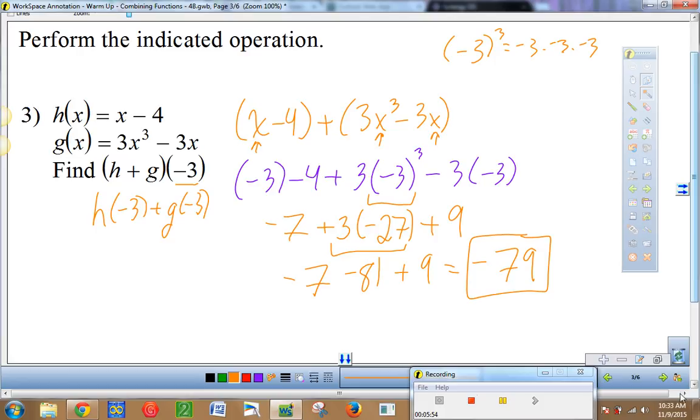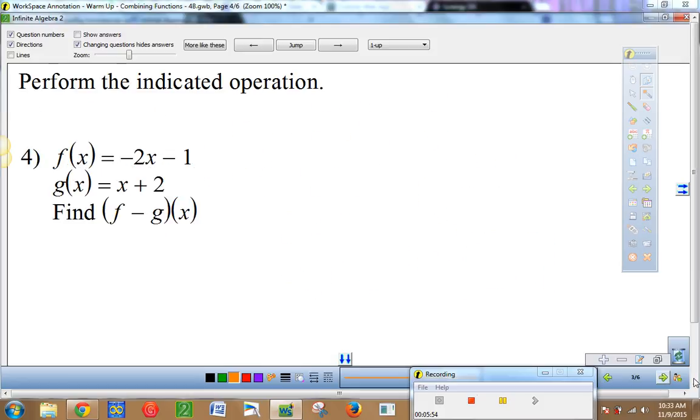Okay. Alright. Let's try this guy. What's happening here? How would I rewrite this to make it a little bit clearer? What does this mean? F of x minus g of x.